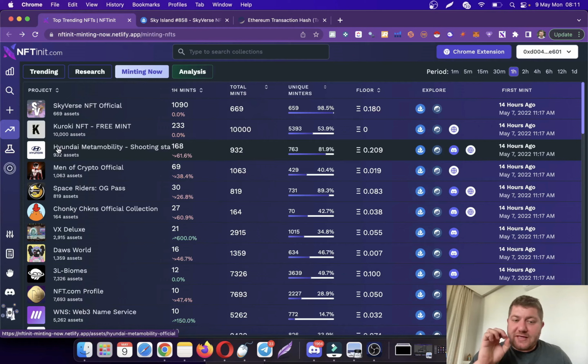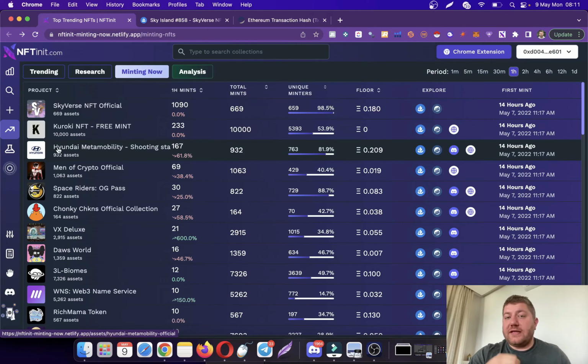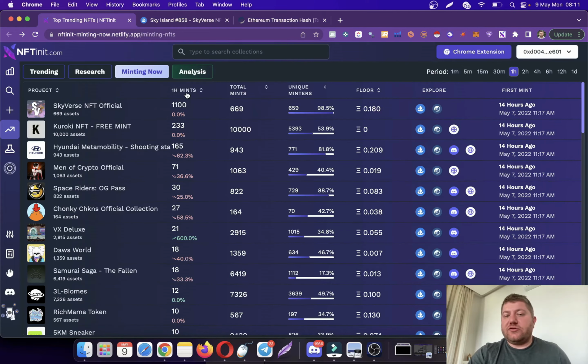However, you can see the new mints here, which can give you a good indicator of what is going on in the NFT world without having to go into every single Discord of this project and find out when the mints are, how many are going to be minted, and what is the real demand for them. So you can pretty much see everything here, and then you can sort them according to the 1 hour or the given time frame mints.